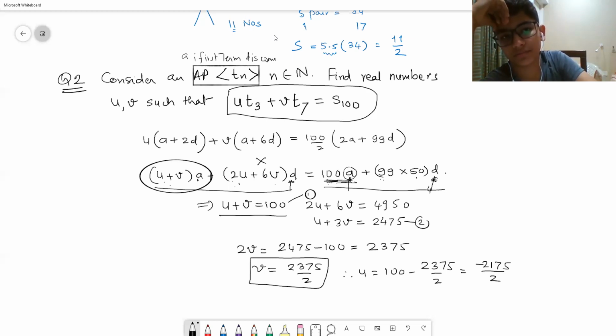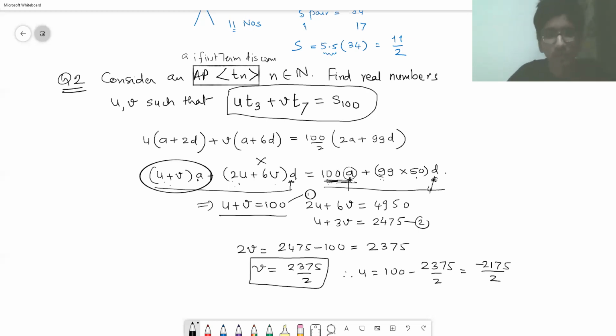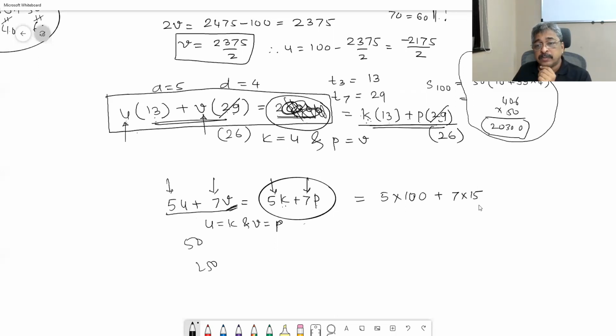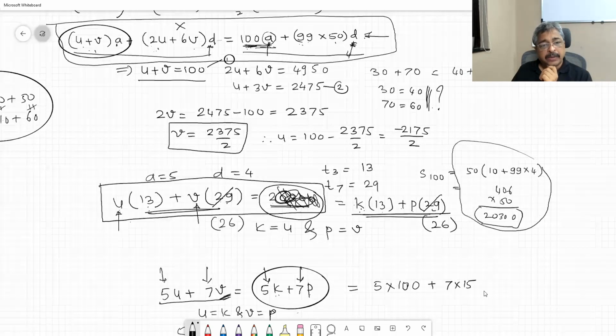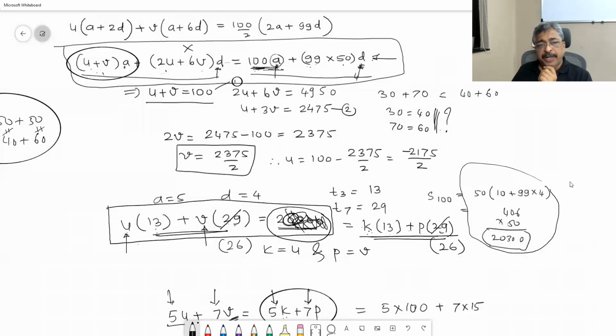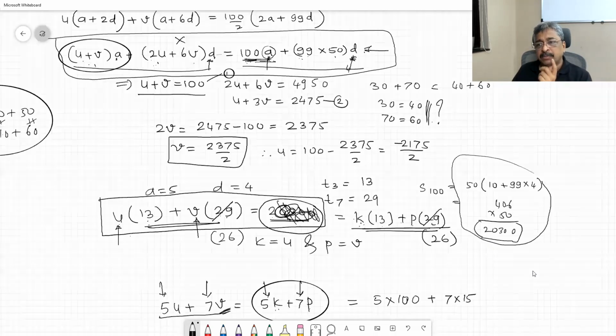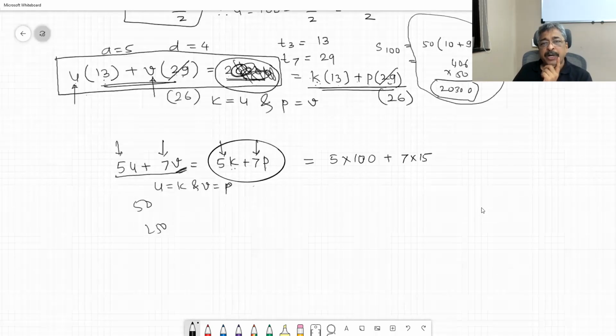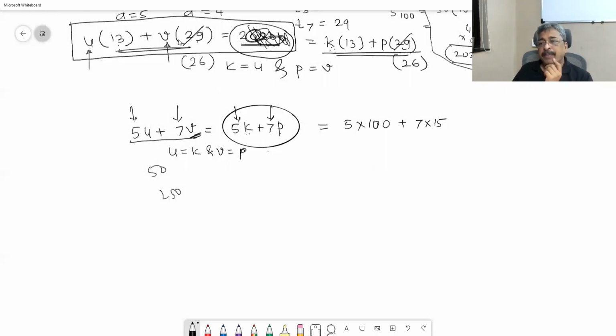Okay, so there is little ambiguity about whether there will be unique solutions V and U or not, which I think requires some additional thinking, which we will do and complete eventually.